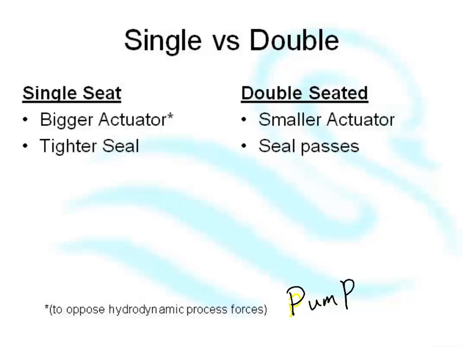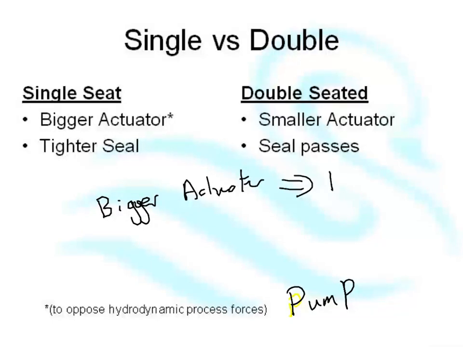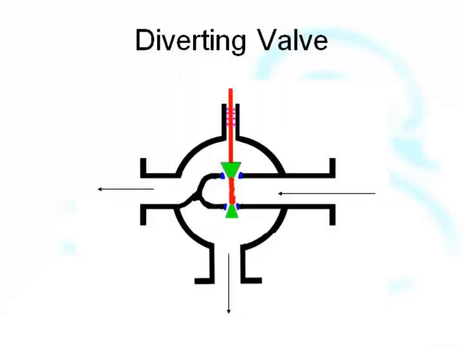Whereas a double-seated one, you get a smaller actuator, but it's almost certainly going to leak. Actually, a general rule is bigger actuator leads to tighter seal, because the bigger the actuator, the more it can push down. Okay.